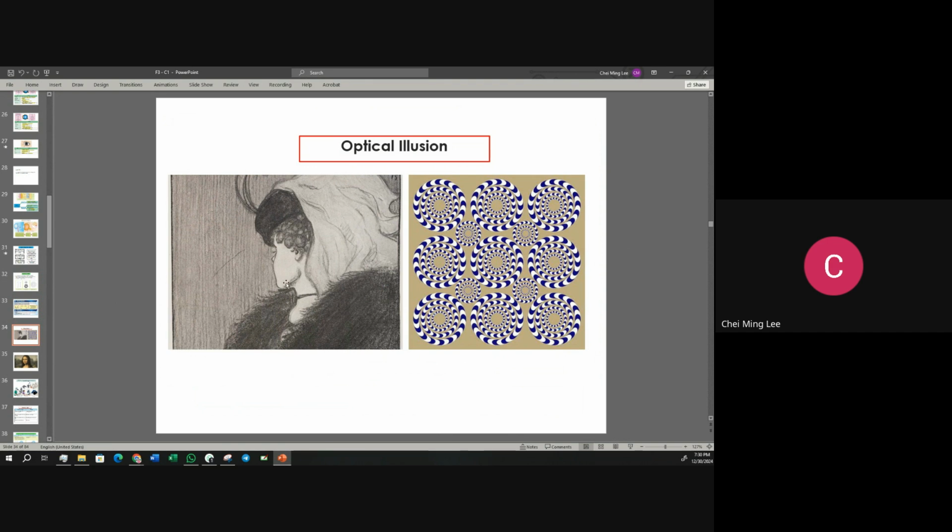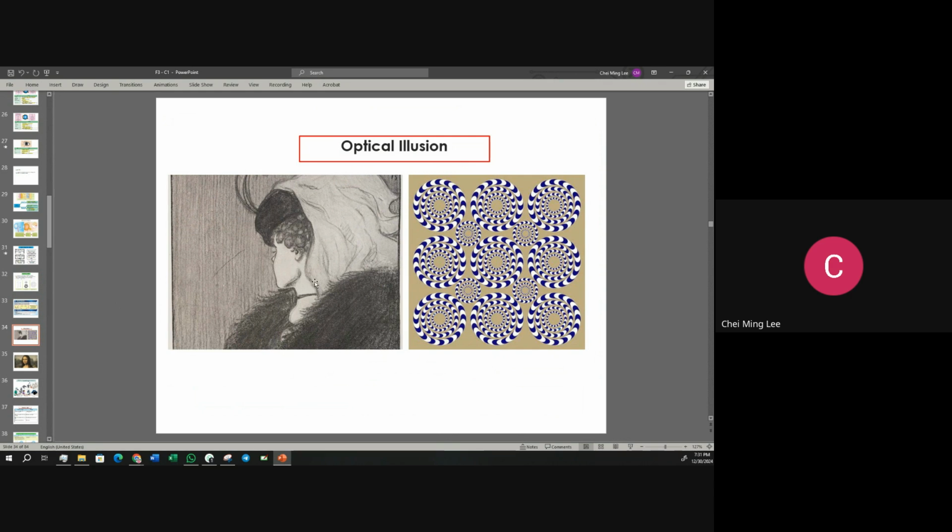If this is the cheekbone and the nose is here, this is a young woman. Are you able to see? For this other one, you'll find that it spins clockwise, and this one looks a bit anti-clockwise. When you switch your eyes at different angles like this, you keep switching, and you'll find that the arrow seems to move. This is also an optical illusion.